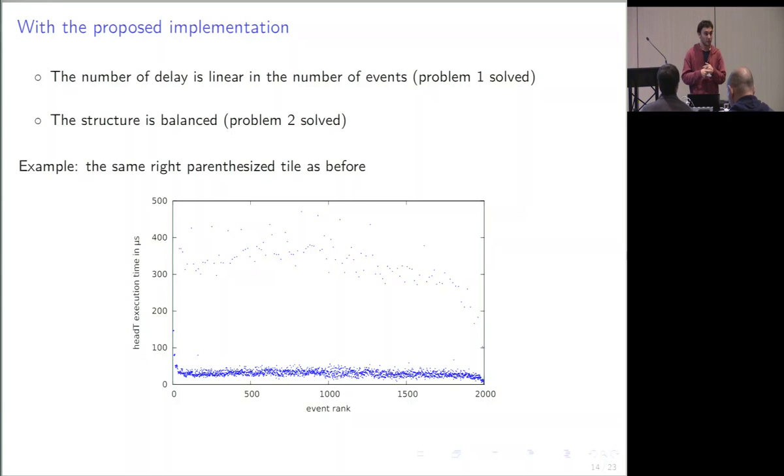So this is not related to the amortization part? No. The degenerate cases of skew heaps are very tricky to get. So basically, if you want to build a degenerate case for the skew heap, you have to do it on purpose.